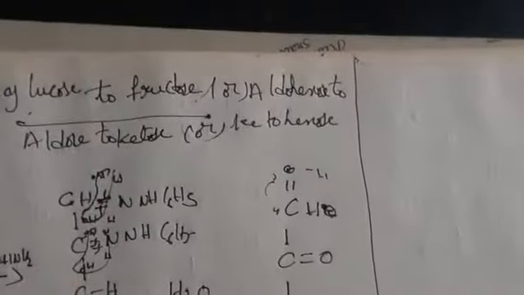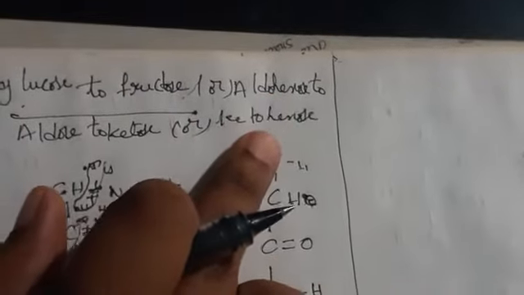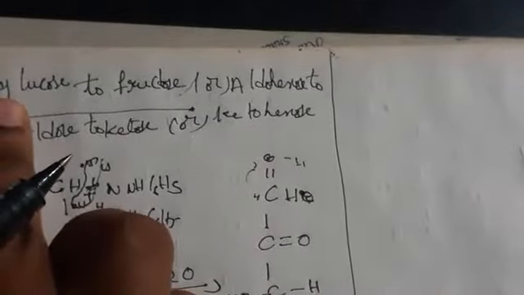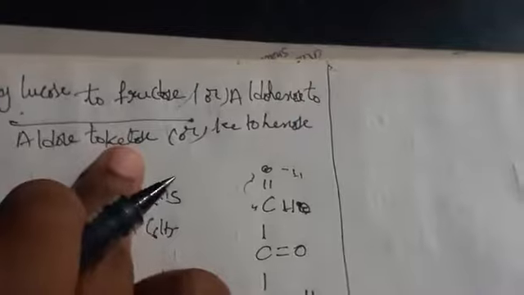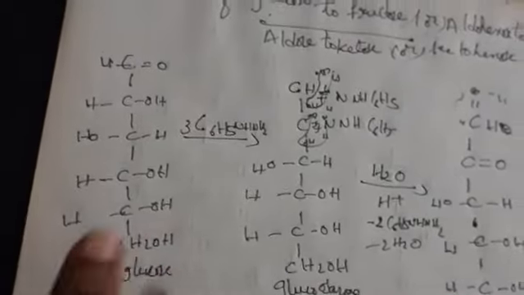So what I have told you is the conversion of glucose to fructose. Glucose to fructose we call aldohexose to ketohexose, because glucose consists of an aldehyde group and fructose consists of a ketone. These two we call aldose to ketose also. Now we take the glucose molecule here.